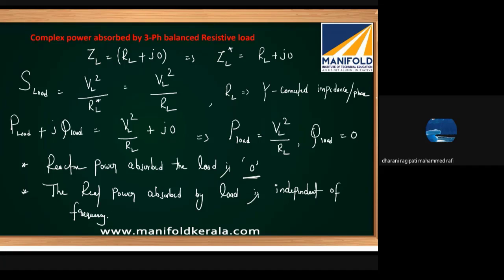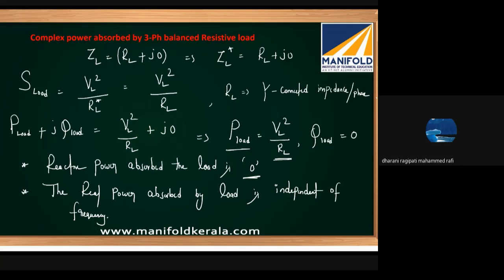Understand? The third important point is the real power absorbed by the load is directly proportional to the square of the load to load voltage. See, the sending end line to line voltage and the receiving end line to line voltage will be almost in the same range. Suppose my voltage at the sending end is, for example, 33 kV, 33.5 kV, my receiving end line to line voltage will be roughly 33 kV.